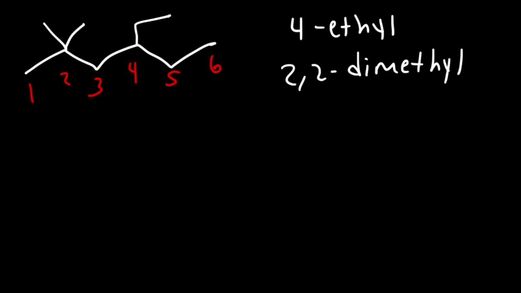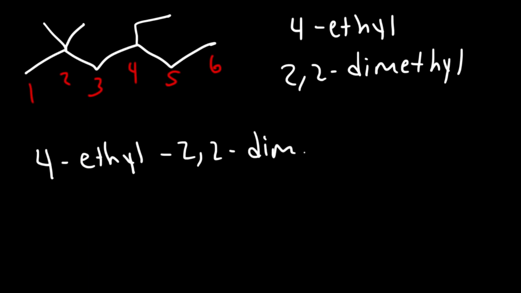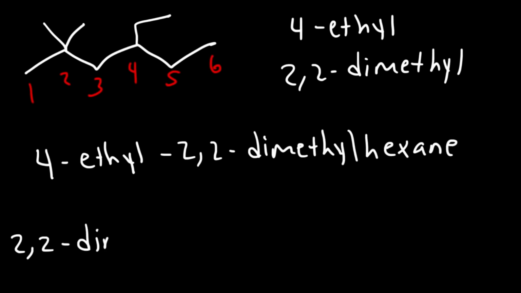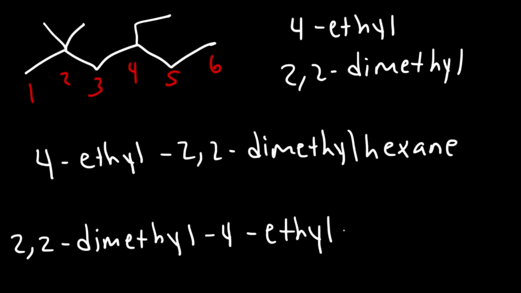Now, how should we name this? Should we say it's 4-ethyl-2,2-dimethylhexane, or should we say it's 2,2-dimethyl-4-ethylhexane?